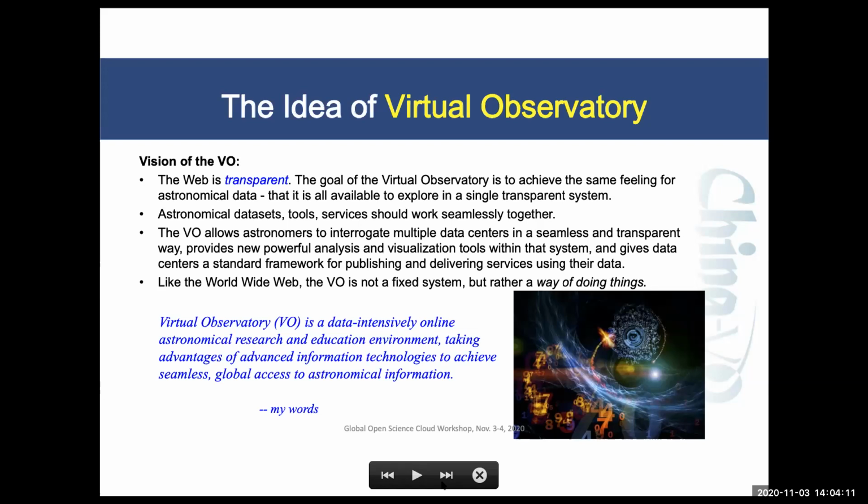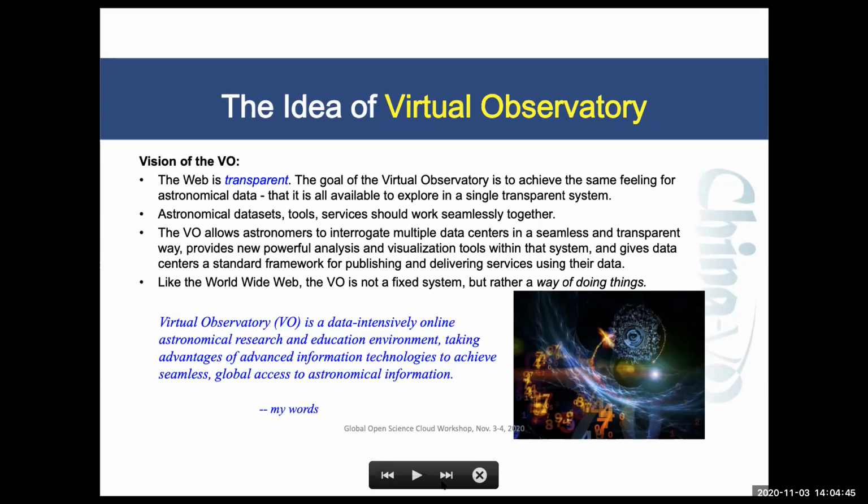About 20 years ago, the community initiated the idea of the virtual observatory to meet the challenges posed by big data. As we know, the web is transparent, and the goal of the virtual observatory is to achieve the same feeling for astronomical data, that it is all available to explore in a single transparent system.